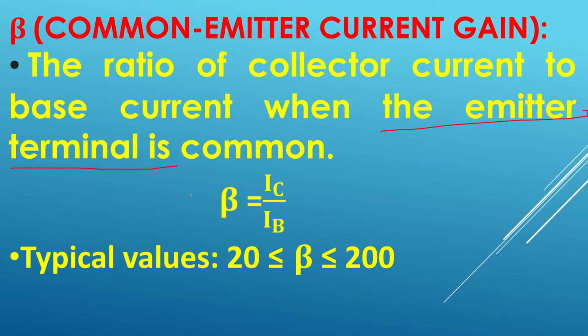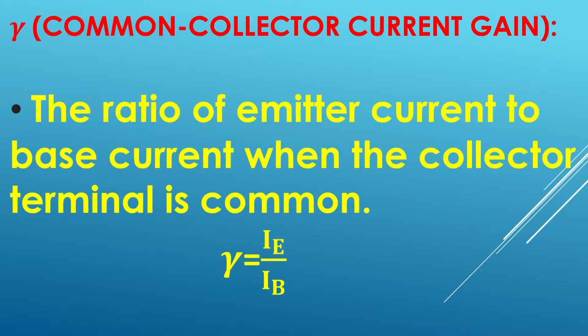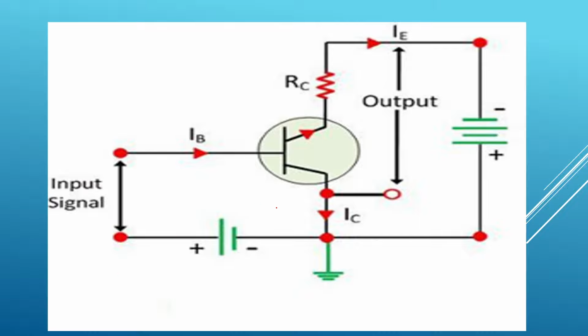Let us go to the next parameter, the common collector current gain. Just now we have seen common base, then common emitter, and next common collector. Here this is the emitter terminal, which is not shown in this diagram.